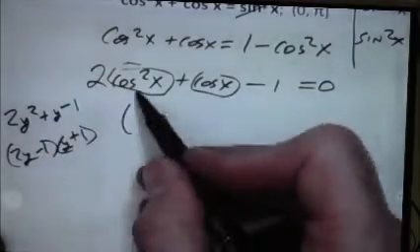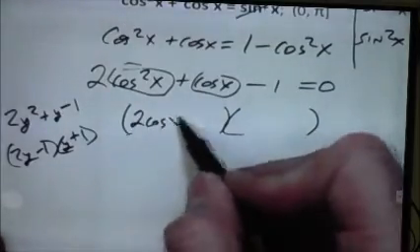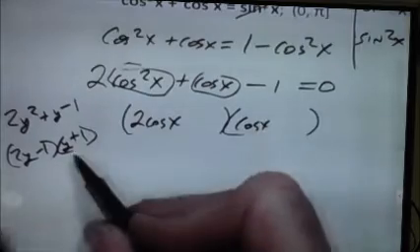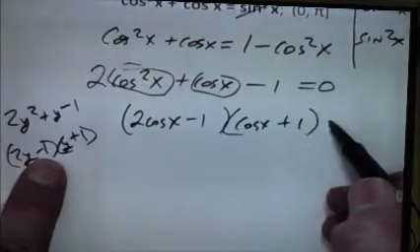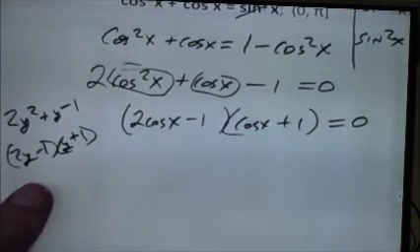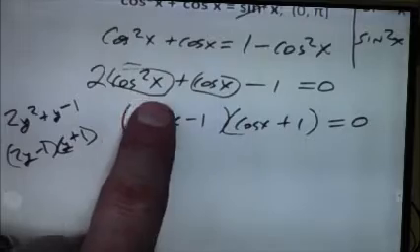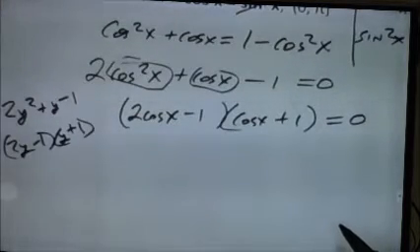So this can be factored as 2 cosine x, and cosine x, those are the y's, minus 1 and plus 1. You don't have to pretend it's another letter if you recognize that cosine x is what's going to go here and there because they're going to multiply to it. But it doesn't hurt to do it. It's just one of the methods that sometimes comes in handy for these types of problems.